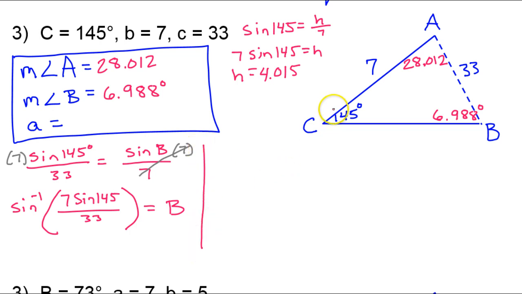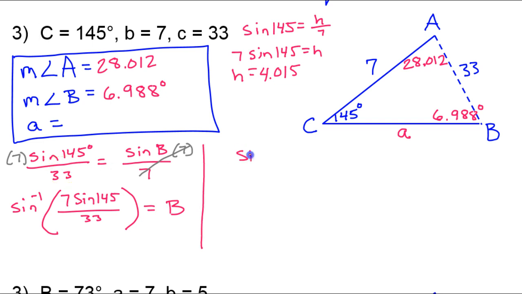So if we want to do that, we will do the law of sines again. If this is side A and here we have angle A, we can say the sine of angle A... actually, let me start off using the exact same ratio that we did before. I'm just going to set it up the exact same way.